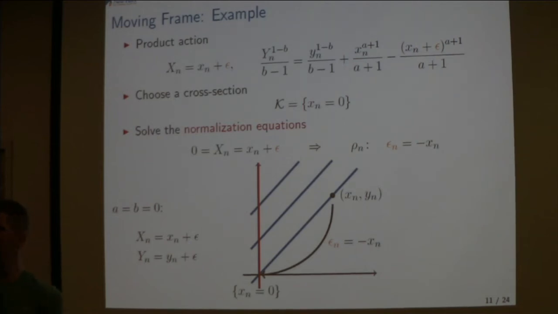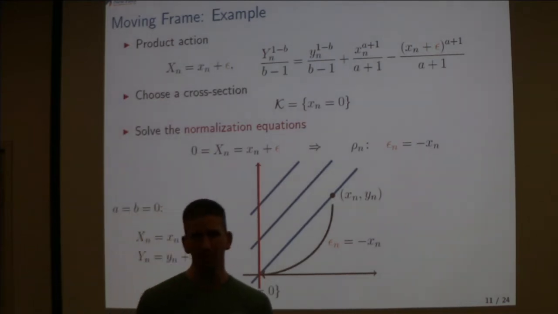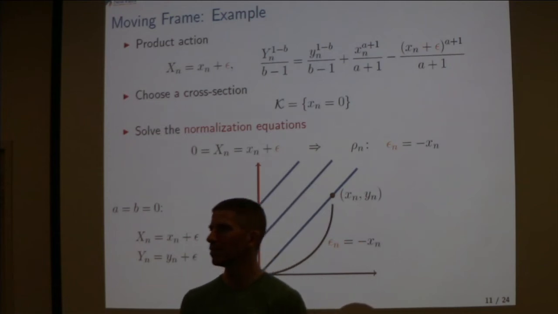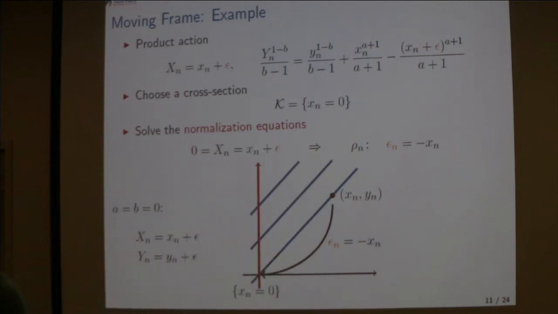In Maple, you need to include the group action, and then you also need to give it the cross section. But then everything else is done by the computer. So you try one cross section, and if it doesn't work out, you try another one.